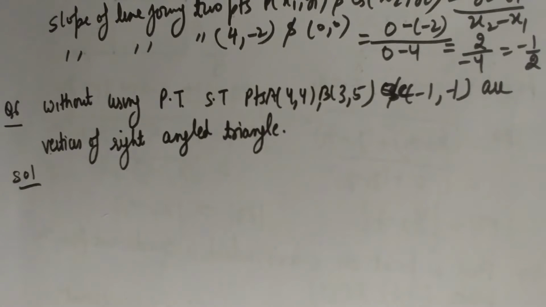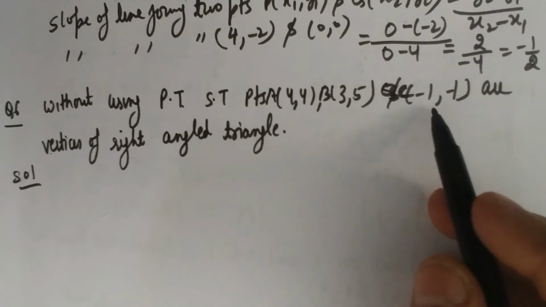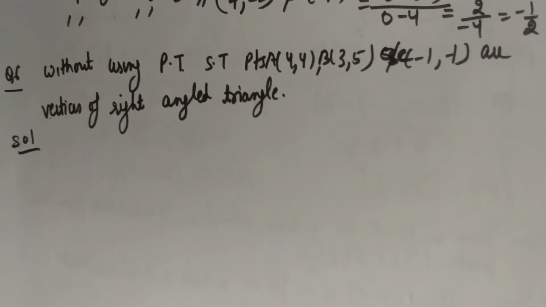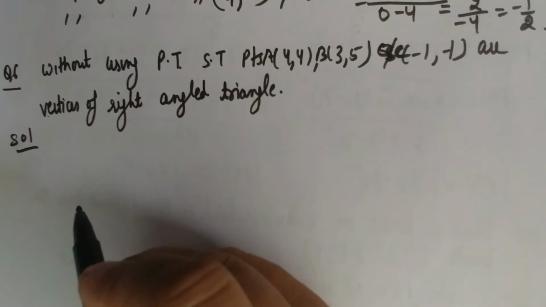Question number 6 is: without using Pythagoras theorem, show that the points (4, 4), (3, 5) and (-1, -1) are the vertices of a right angle triangle. As I can't use the Pythagoras theorem, I know that in a right triangle the two sides are mutually perpendicular to each other, and to find it I'll use the concept of slopes.